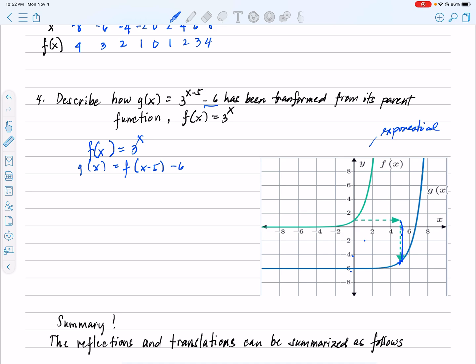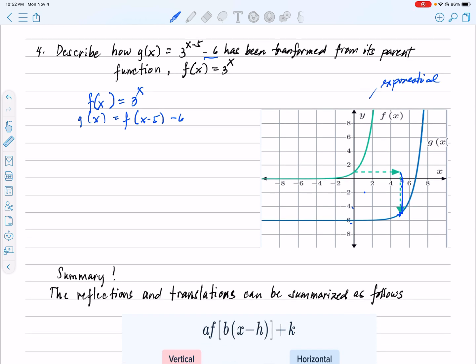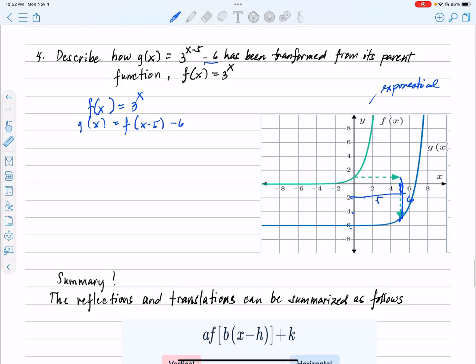When we graph, we can see that the f of x has been shifted 5, 2, 4, half of it is 5, and then goes down 6 units. All right. That's it. That is how we describe the graph.